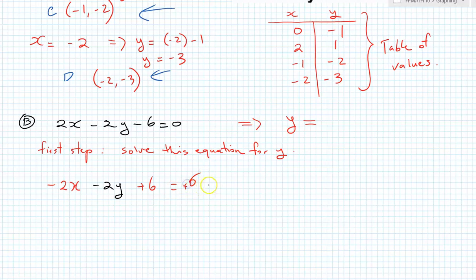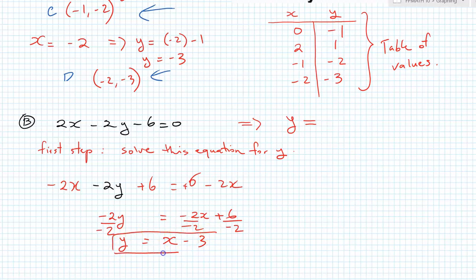Add 6 and subtract 2x. You get minus 2y equals minus 2x plus 6. Last thing you have to do, divide everything by minus 2, because we are solving for y, not minus 2y. And this is the equation that you're going to have.